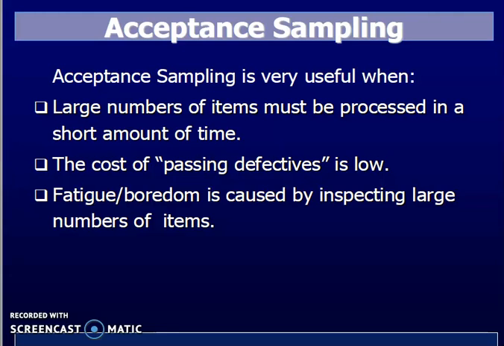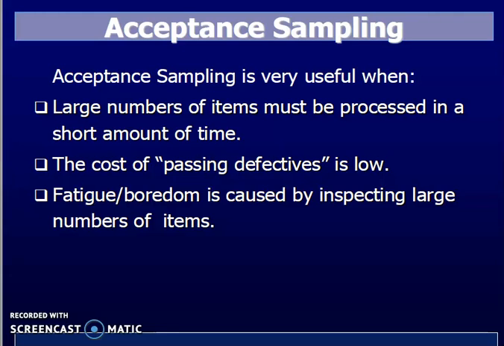Acceptance sampling is a form of inspection applied to lots or batches of items before or after a process to judge conformance to a predetermined standard.